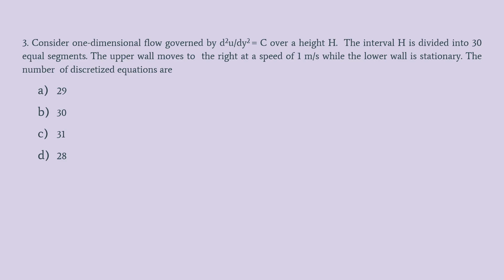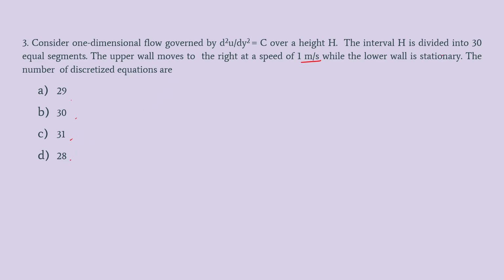The upper wall moves to the right at a speed of 1 meter per second, while the lower wall is stationary. The number of discrete equations is? So the question is asking for the number of equations we have to discretize. Options are option A 29, option B 30, option C 31, option D 28.